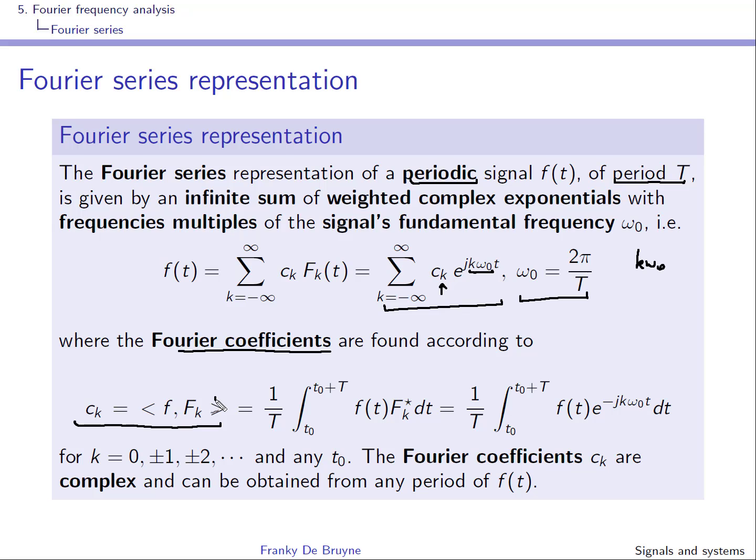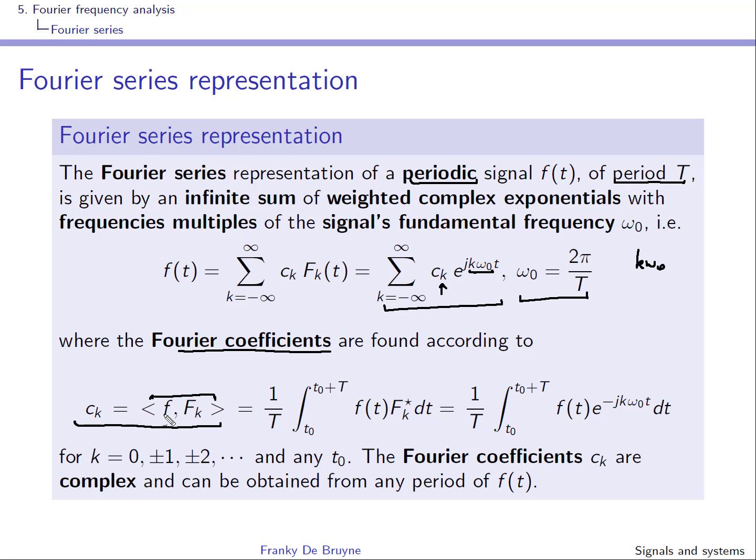And what you have over here is the inner product that has been used to show that the Fourier basis is orthonormal, right? This is kind of similar to what we have done in the case of decomposition of a vector in R cubed. Well, there the ck is the scalar product of the vector with the corresponding vector in the basis. Well, here you have something similar.